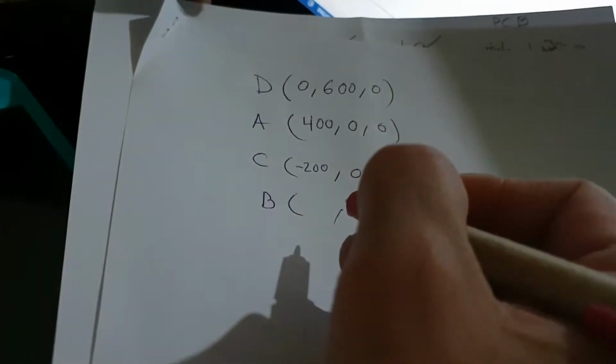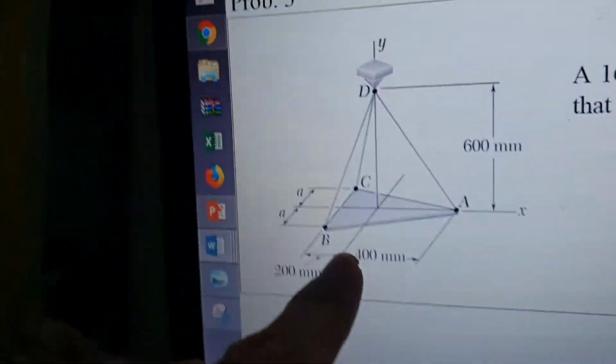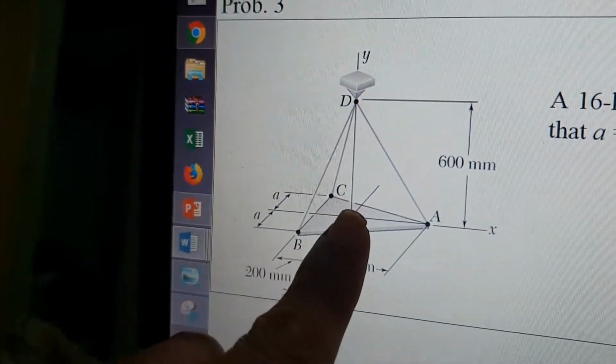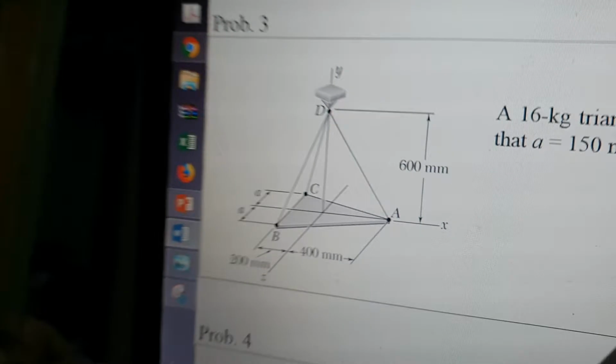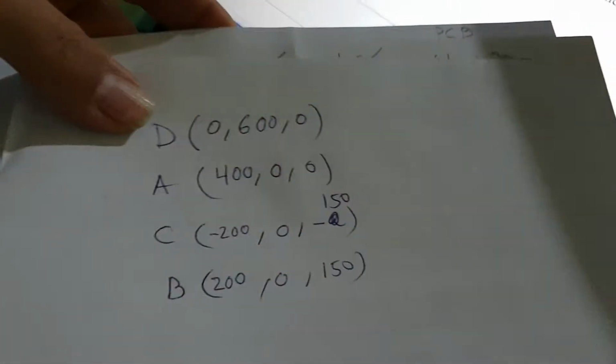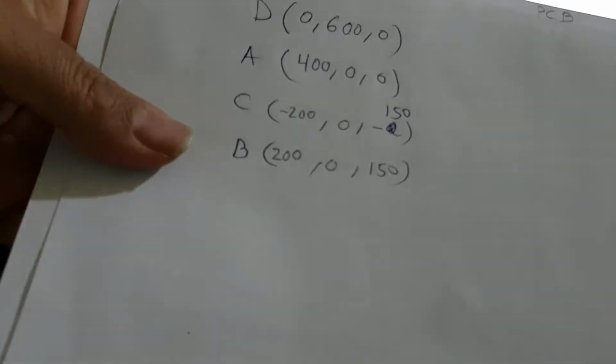And x is minus 200, because this is the 0 and it's minus 200. Okay, now let's look at dA again.